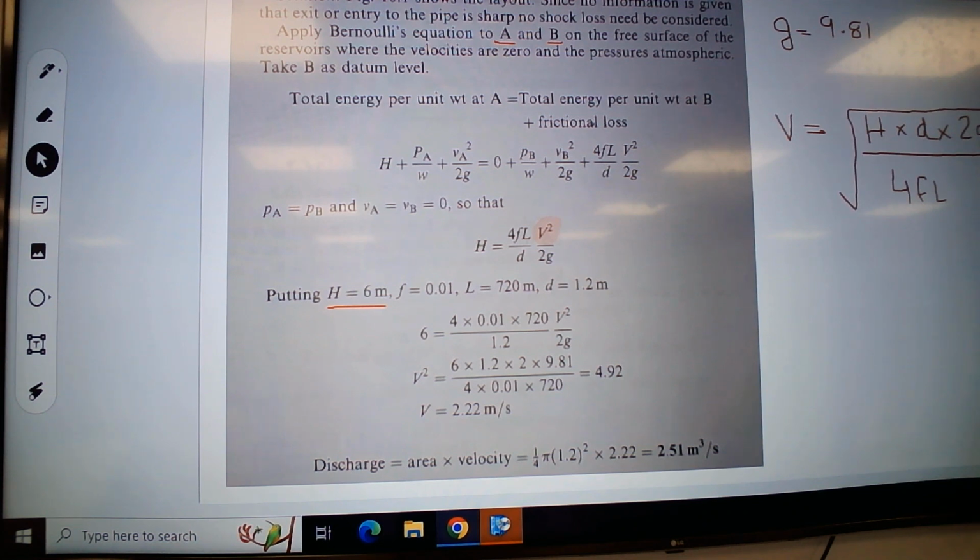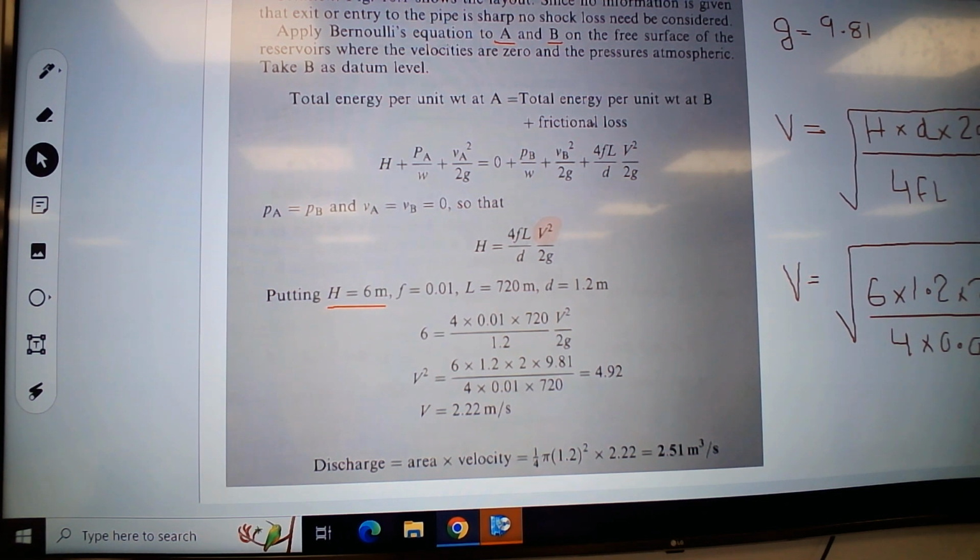If you put the values in straight away, that gives you 6, and we need to make sure everything is in SI units, 1.2, 2 times 9.8, divided by 4 times F, 0.01, and the length of the pipe in meters, 720. If we do that, we will get a velocity.